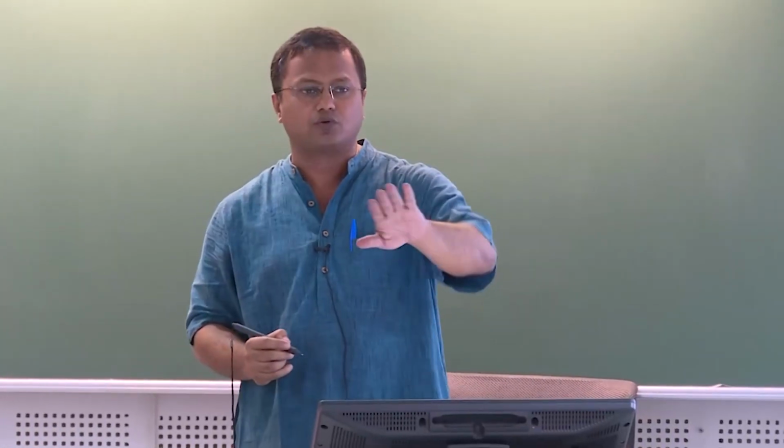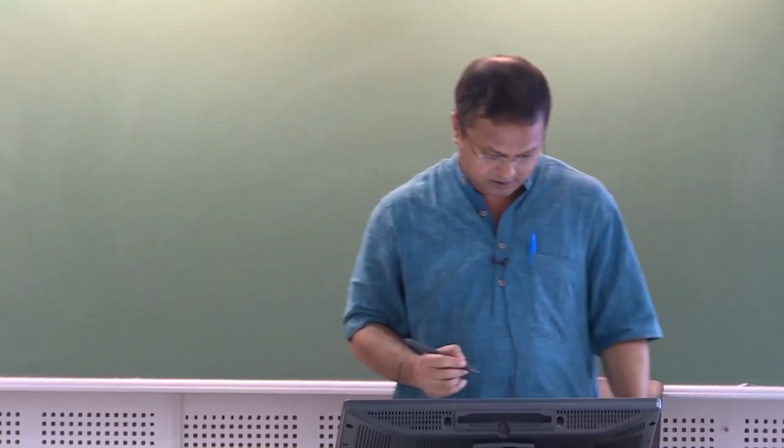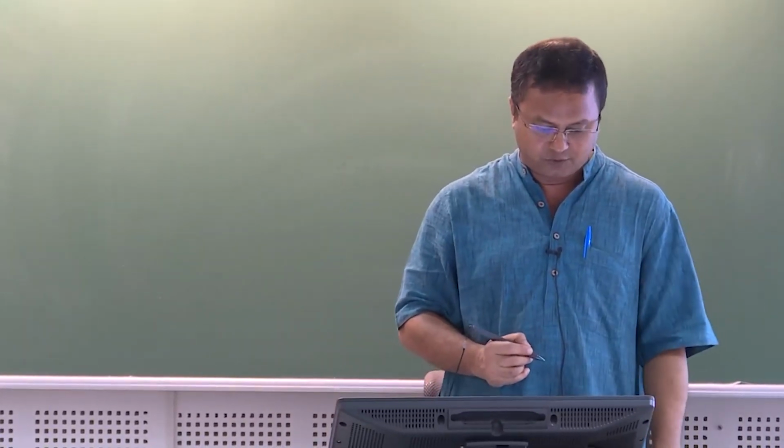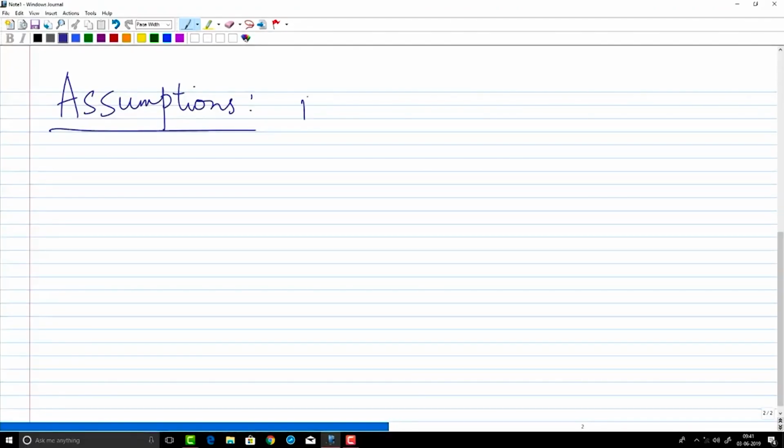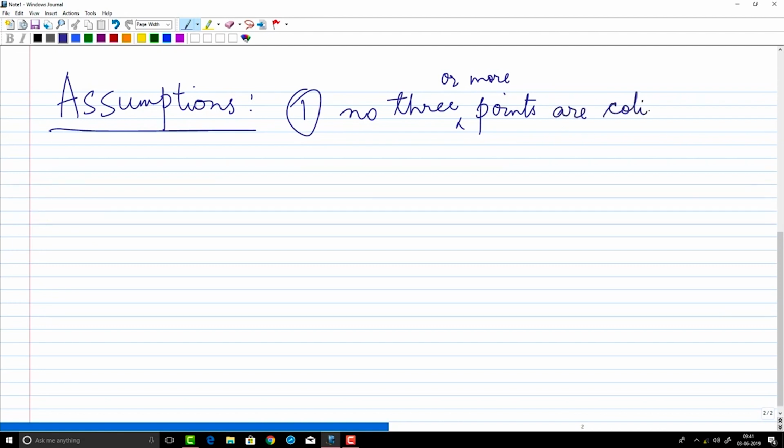So, the assumptions, which would not just be an assumption in this talk but would continue over the entire duration of the workshop, are that we would assume no 3 or more points are collinear.